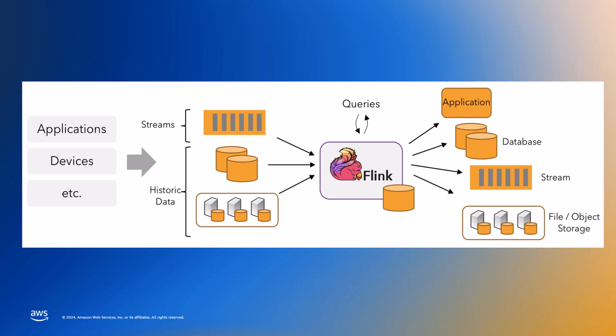You could join, aggregate, filter, or run any sort of transformation combining this data, and the end results can be written to an application. That means a downstream web application or mobile application can consume the data, or you can store this data into a database or another stream or even a file system.